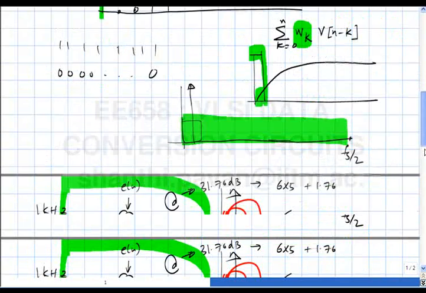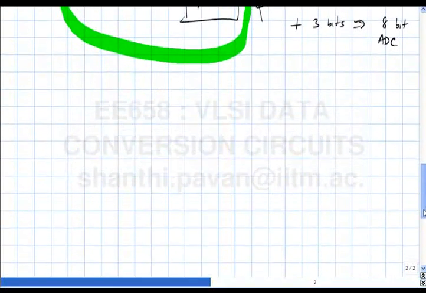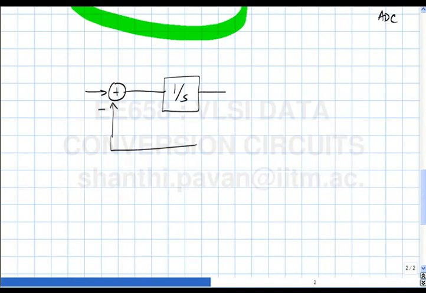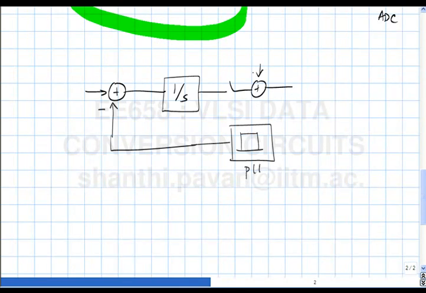And as I said yesterday, it is possible to realize the loop filter using continuous time circuitry, and we saw yesterday how this was indeed equivalent to, so this is the pulse shape of the DAC.